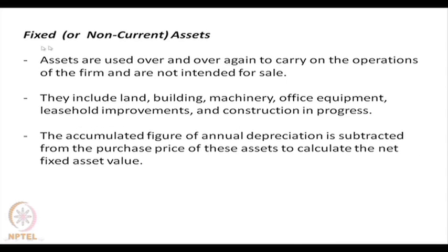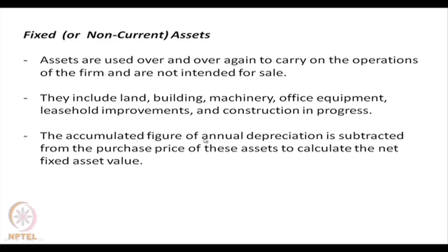Next is non-current assets or fixed assets. They are used over and over again to carry on the operations of the firm and are not intended for sale. They include land, building, machinery, office equipment, leasehold improvements, which we shall talk about just now, and construction in progress.